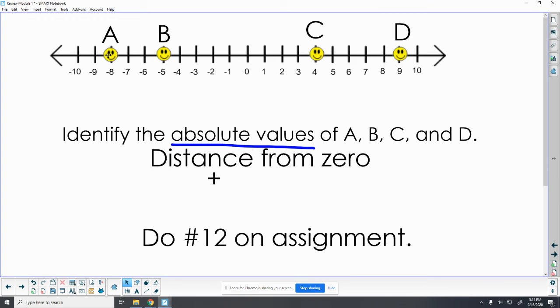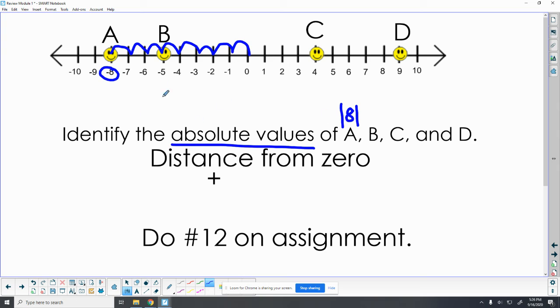So here I have A, and I can see that it is at negative 8. That means it took 1, 2, 3, 4, 5, 6, 7, 8 units to get to negative 8. So the distance for A is 8, and we represent absolute value with the 2 parallel lines on either side.